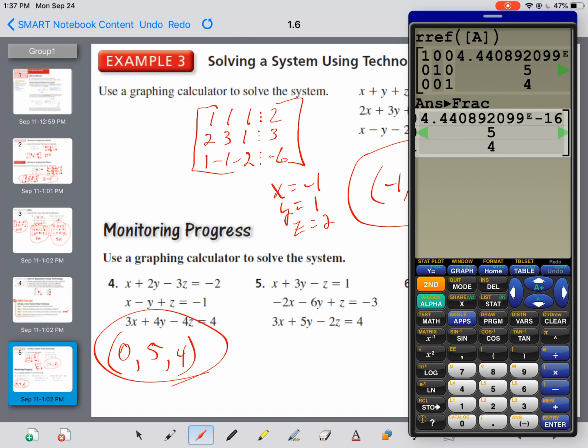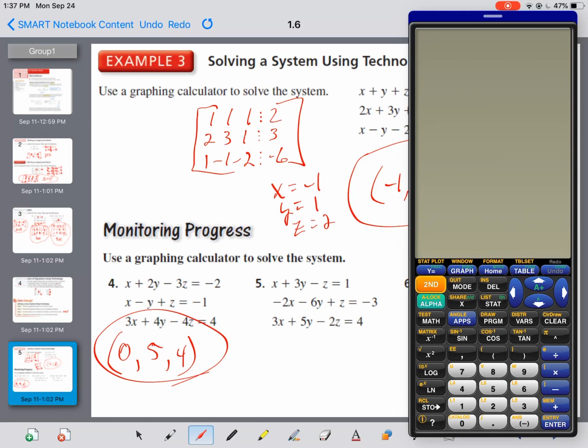Okay. And then let's try number 5. Back to, not test, I want to do matrix, edit, A. Let's see, they're all lined up, X's, Y's, Z's, and numbers, good, okay.